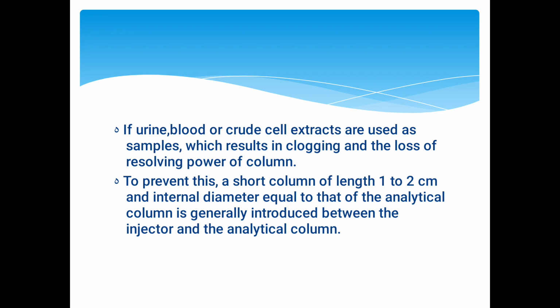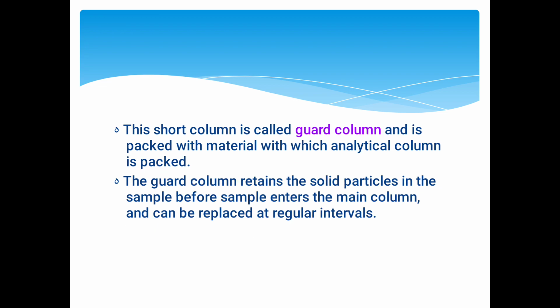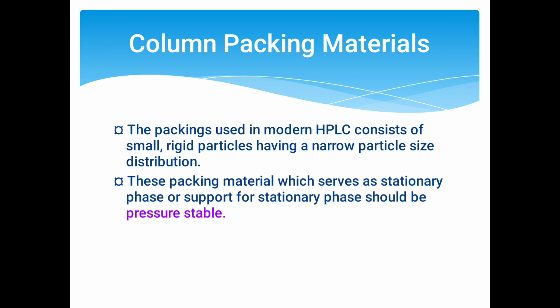To prevent this, a short column of 1 to 2 cm length and internal diameter equal to that of the analytical column is generally introduced between the injector and the analytical column. The short column is called the guard column and is packed with the material with which the analytical column is packed.